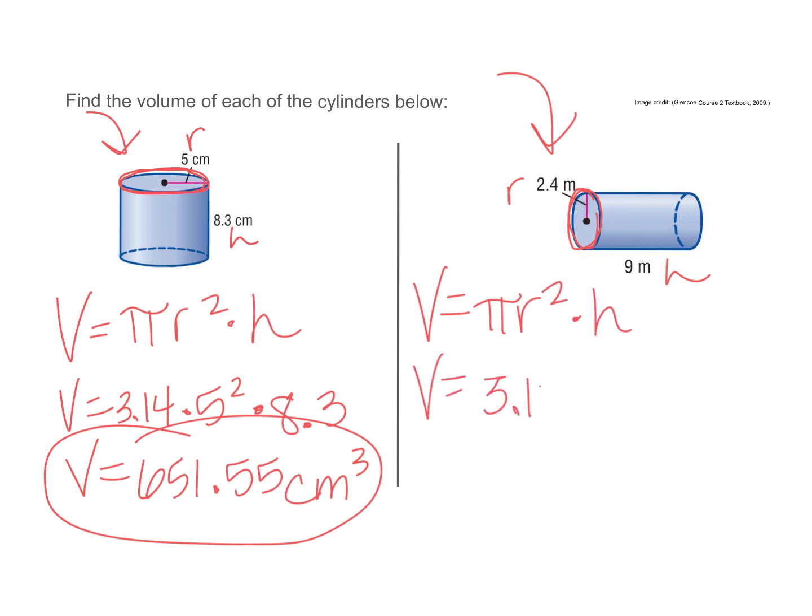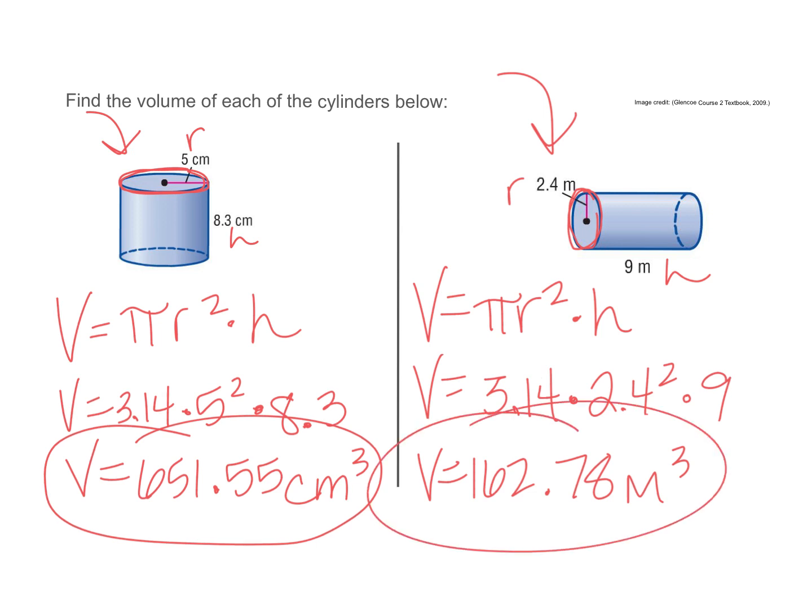So 3.14 times 2.4 squared times 9. You should have gotten 162.7776. So we're going to round up to 162 78/100 meters cubed.